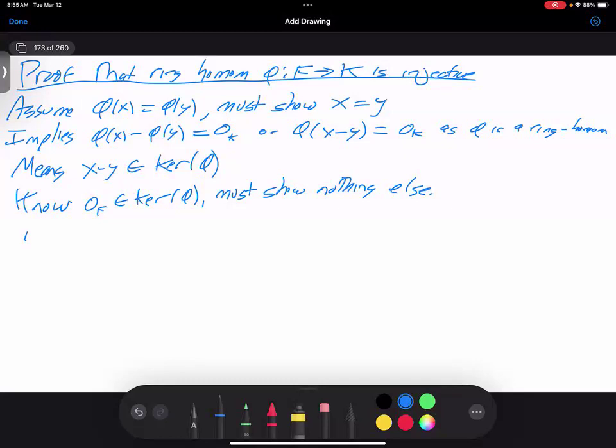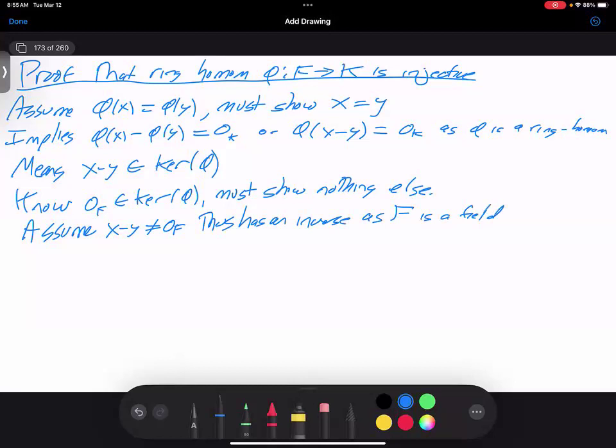So let's assume x minus y does not equal 0. If it doesn't equal 0, what do we know about it? It has an inverse. Thus it has an inverse as f is a field.